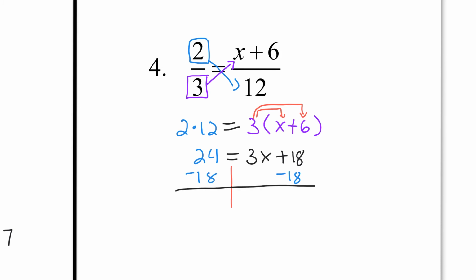So this cancels right here. 24 minus 18, that's going to be 6. You bring down the 3x over here, and you divide by 3. So we get 2 on one side. 6 divided by 3 is 2. Over here, this turns into 1, and we just have the x. So my answer is 2 equals x, or you can say x equals 2.